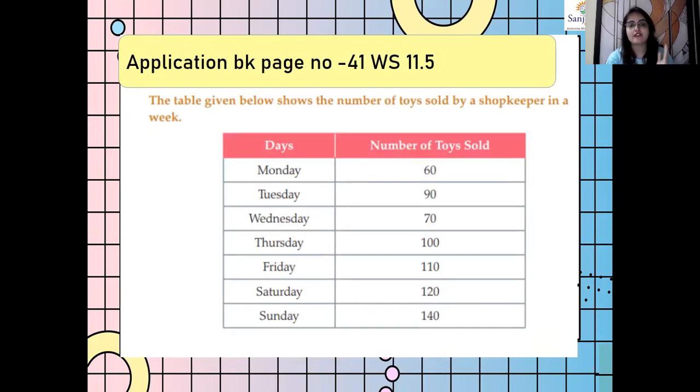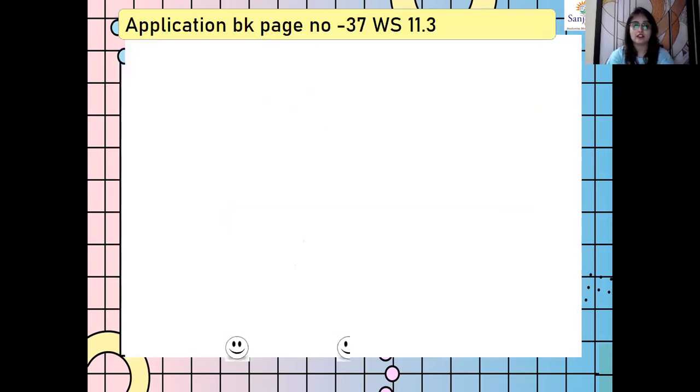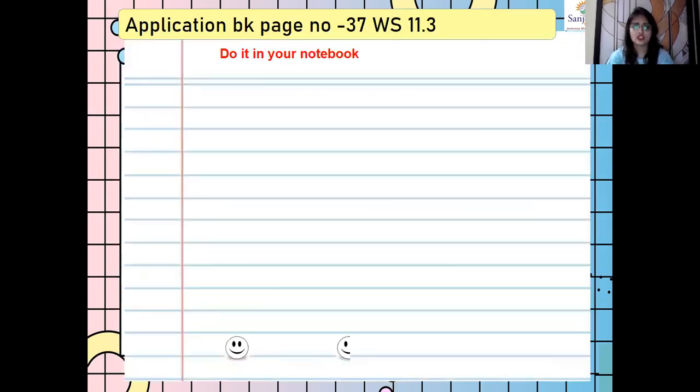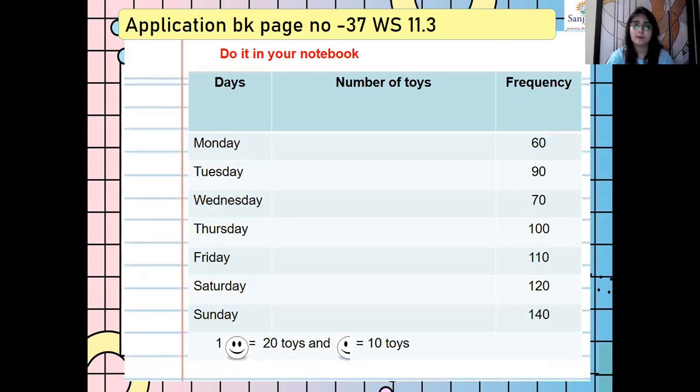How many toys have been sold by the shopkeeper on a particular day? On Monday, 60. Tuesday, 90. Wednesday, 70. Thursday, 100. Friday, 110. Saturday, 120. Sunday, 140. Using what they have given you, you have to draw the bar graph and also answer the questions given below.